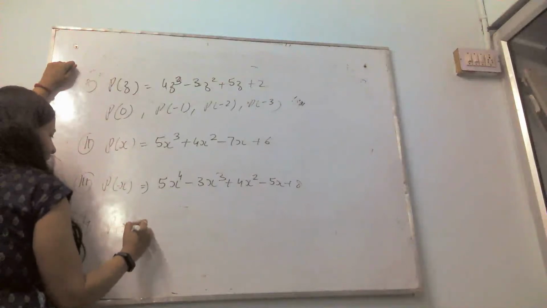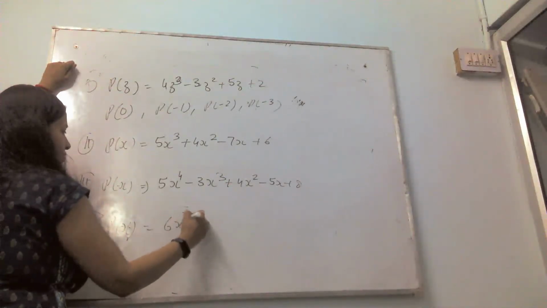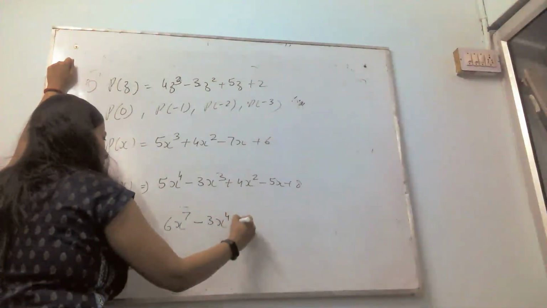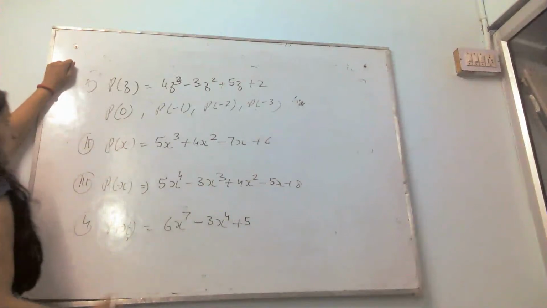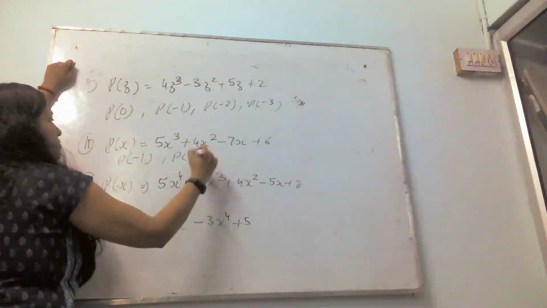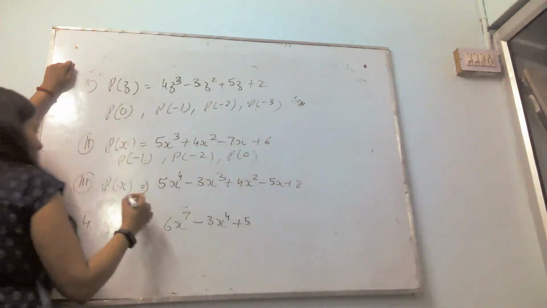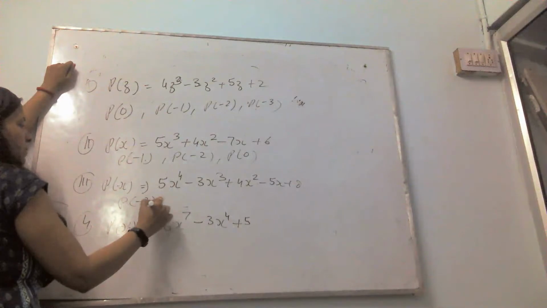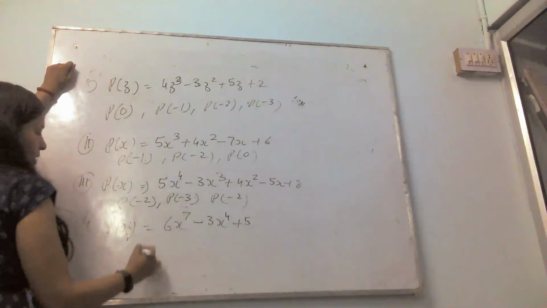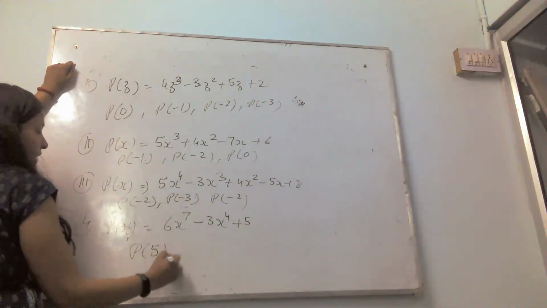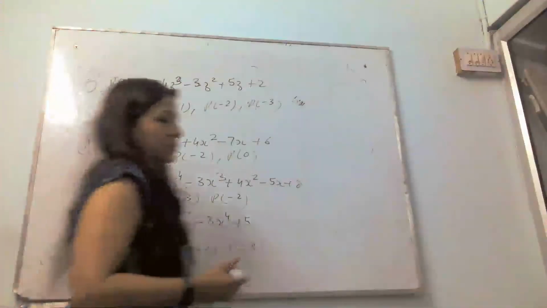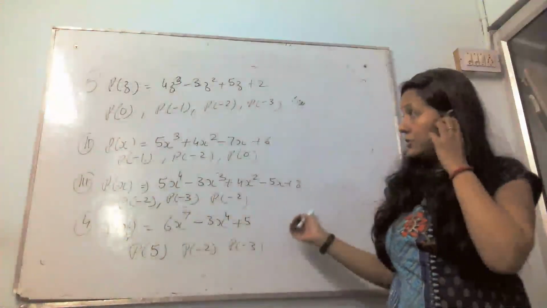Now p(x) equals 6x to the power 7 minus 3x to the power 4 plus 5. In this, you have to find p(minus 1), p(minus 2), p(0). Here you find p(minus 2), p(minus 3). Here you have to find p(5), p(minus 2), p(minus 3). This you have to find.